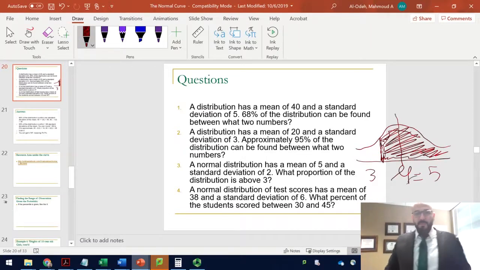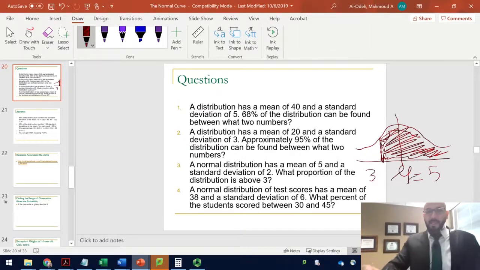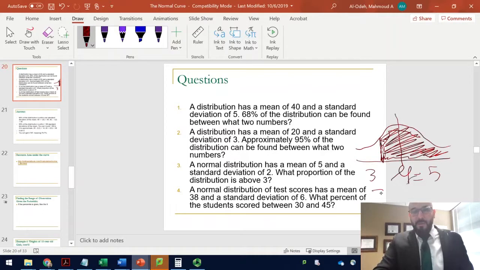The first thing you need to do is to calculate the z-score. The z-score is equal to x minus mu, the average, the mean, divided by the standard deviation.